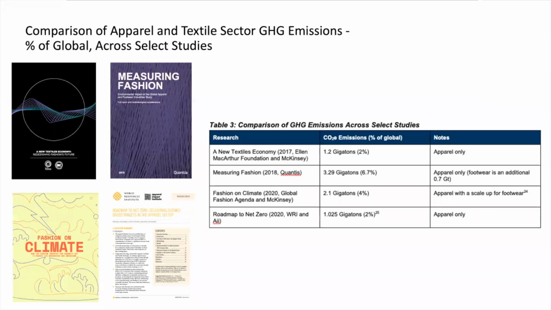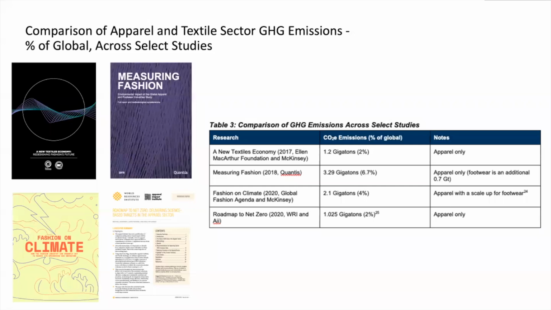The estimates vary, of course. It's a real challenge to get our arms around exactly what we mean when we talk about the apparel and textile sector. Does it include footwear? Does it include home textiles? Many of those fabrics and materials are made in the same facilities as fabrics and materials that go into apparel products.